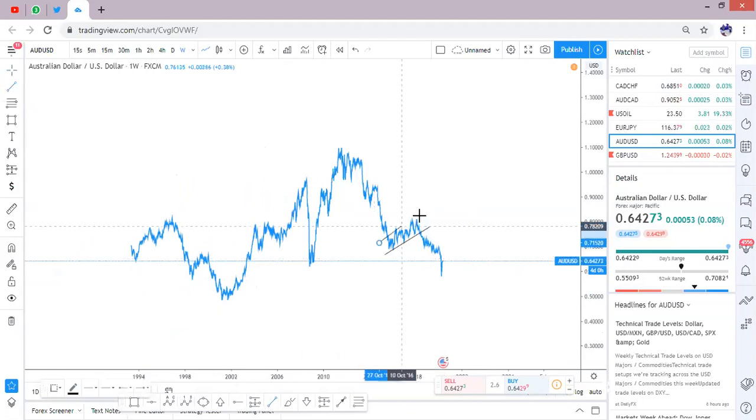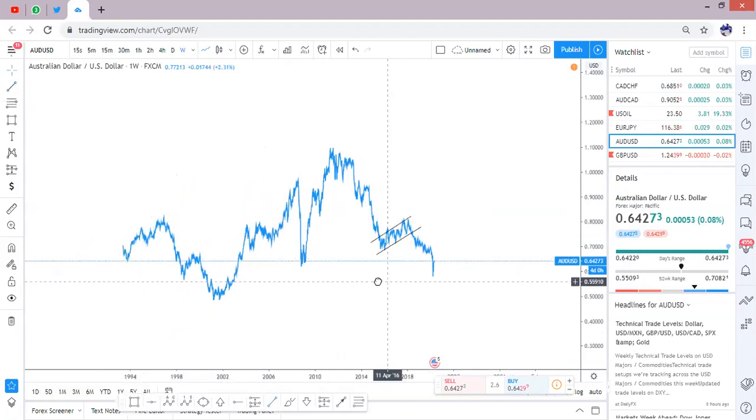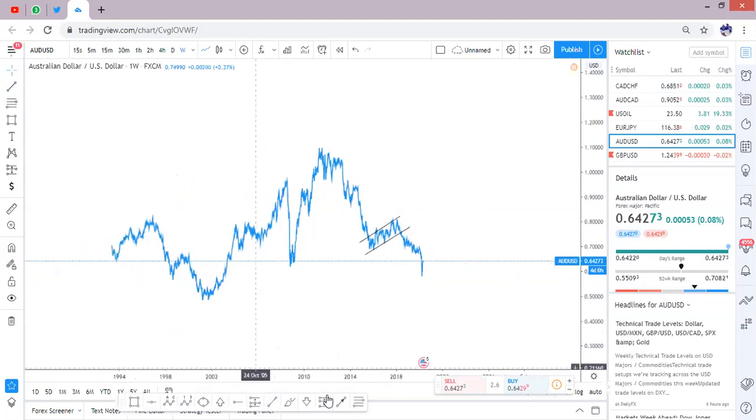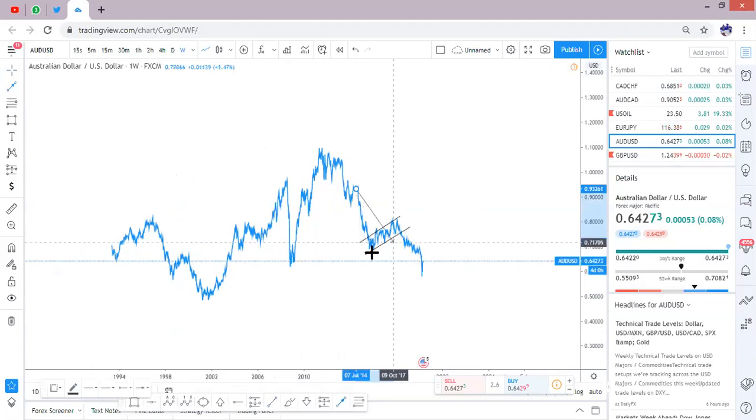So giving us confirmation that on a weekly, generally this pair is on a downtrend. This is an impulse movement down, a flag, ascending channel, then we have the drop.